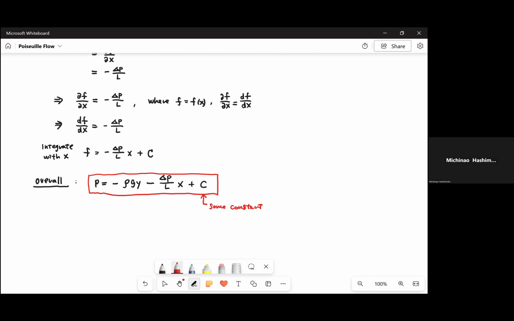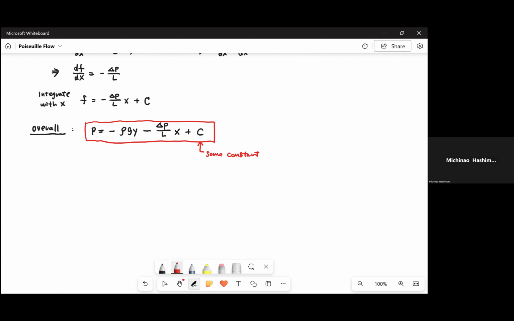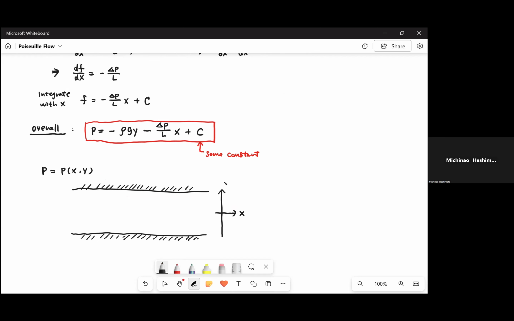Then if we want to analyze here, what you can say is that P equals P of x and y. So if you really want to know how the pressure varies in a particular direction, in this case this is the x, this is the y here.